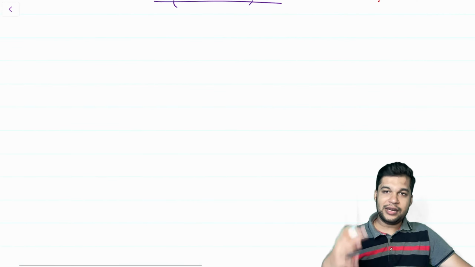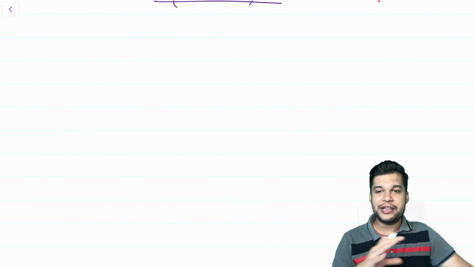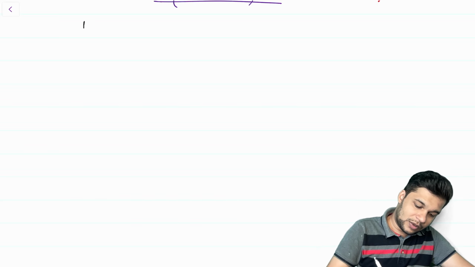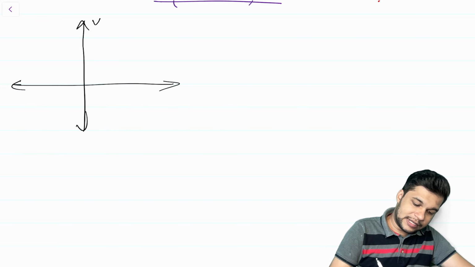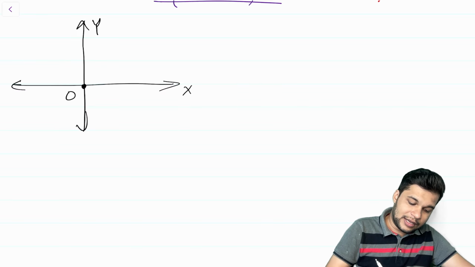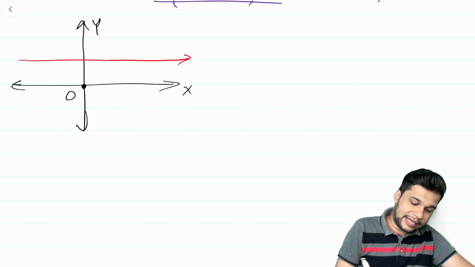Now, in general, let us define the equation of any horizontal line or any vertical line. So let's say this is y, this is x, this is 0. Draw any horizontal line like that.